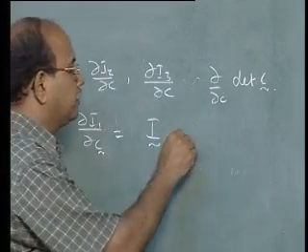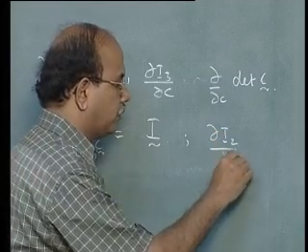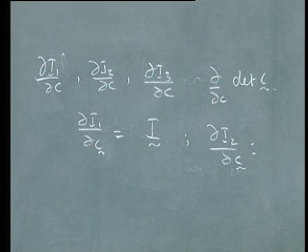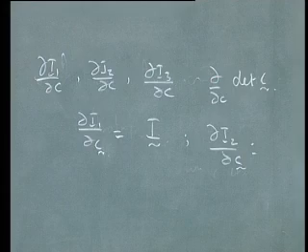Let's see how you do dou I2 by dou C. Have a look at this and see whether you'll be able to do that. So chain rule, don't forget the chain rule. First term is what?